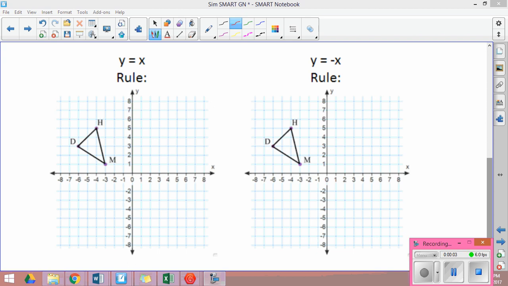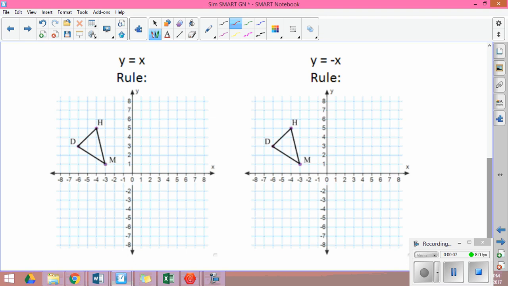We can also reflect over two other special lines. So we need to remember back some of our algebra and our y equals mx plus b. These two lines both have a y-intercept of 0. Think about it as a plus 0 here, and they have slopes of 1 or slopes of -1.